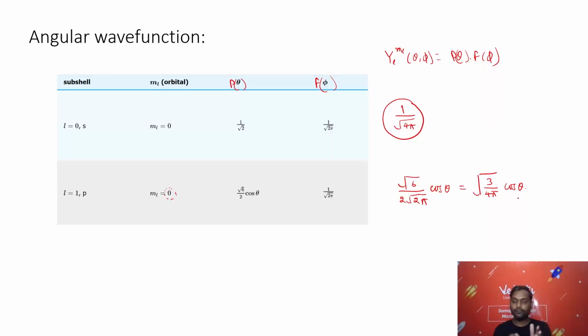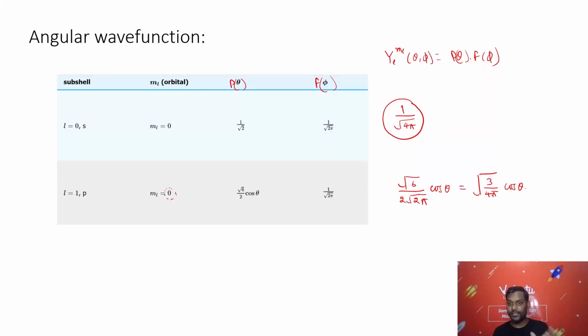So this is a hint that whenever the angular wave function does not contain the phi part, it must be representing the orbital which corresponds to ml equal to 0. And when the angular wave function does not have theta and phi both, it must be representing the s orbital.